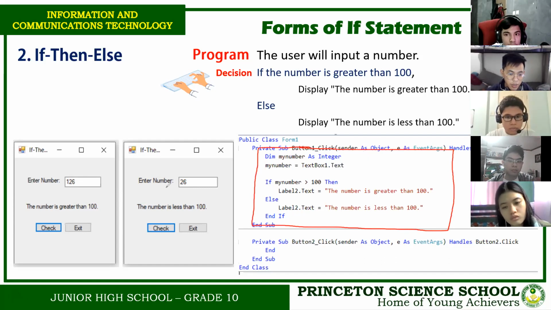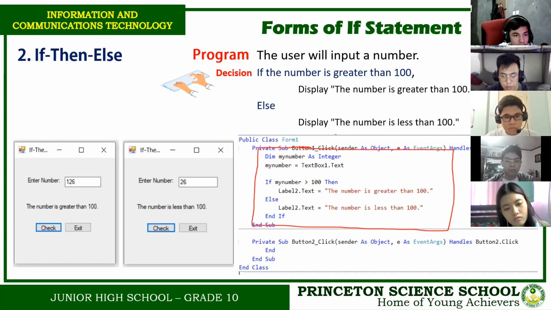Yes, David. First off, the condition is if my number is greater than 100. If the statement is true, then label2.text is equal to the number is greater than 100. And if the statement is false, then the output will be the number is less than 100.